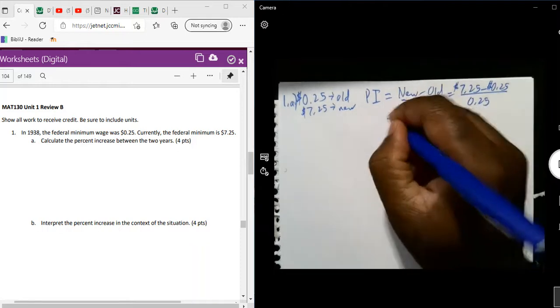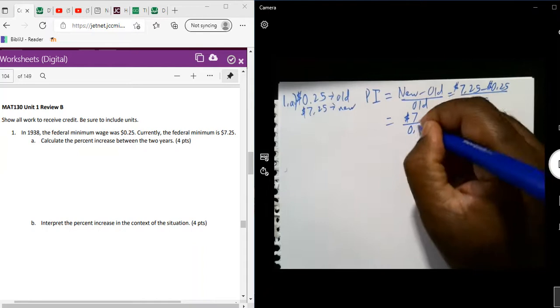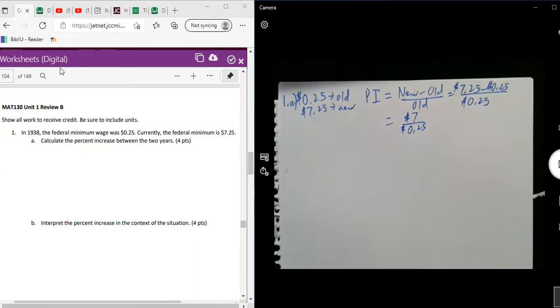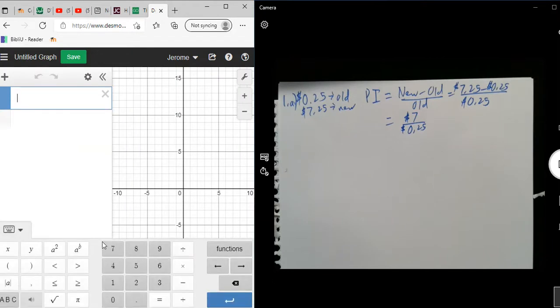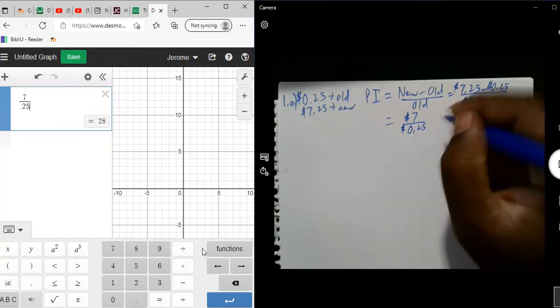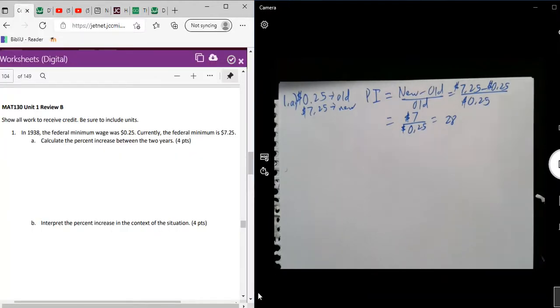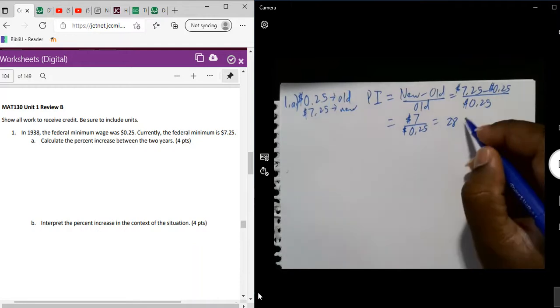So this will give us $7 divided by the 25 cents. Now we put that in our calculator, and that gives us 28. Here's the issue with this 28: we have to change it into a percent.